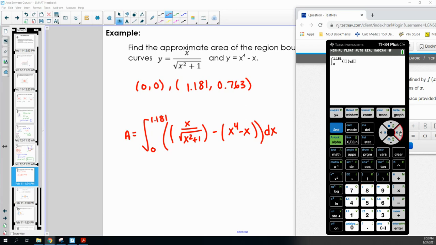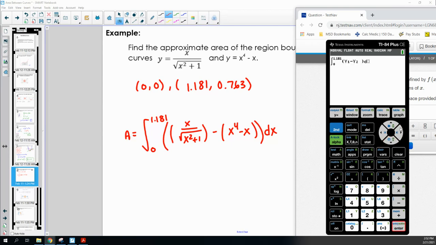And then the top function I had saved in y1, so I'm actually just going to call that again. I'm going to call y1 minus, and I'm going to call the next one, which is stored in y2.